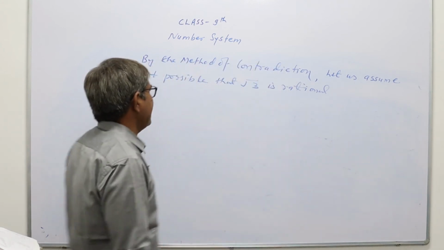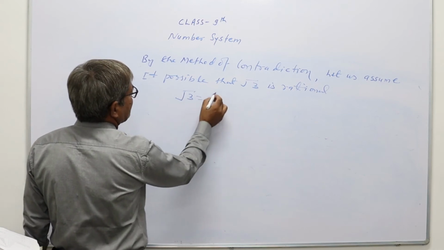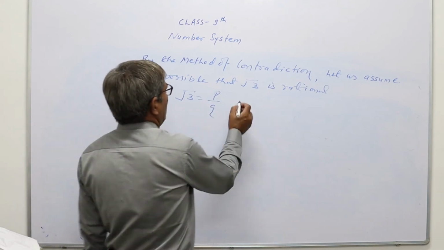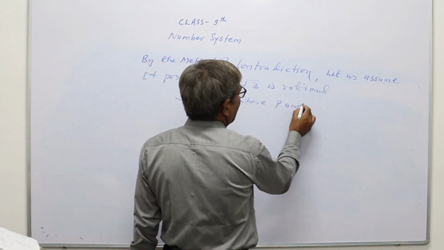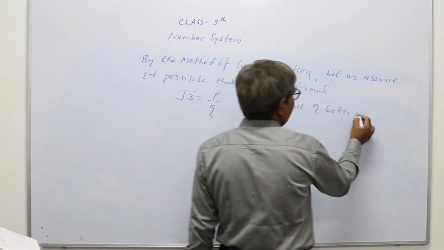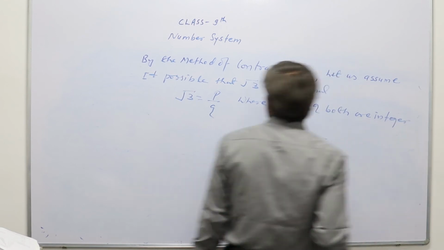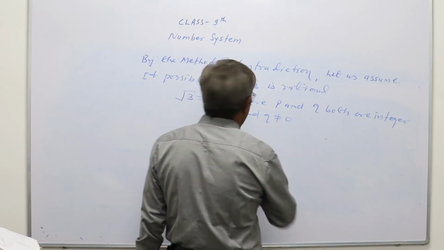If root 3 is rational, then root 3 can be expressed in the form p upon q, where p and q both are integers and q not equal to 0.